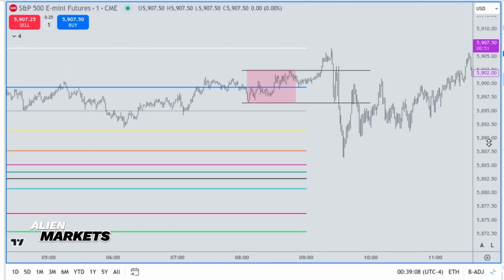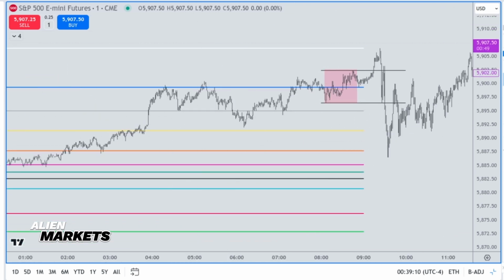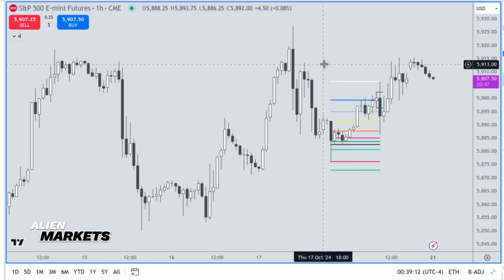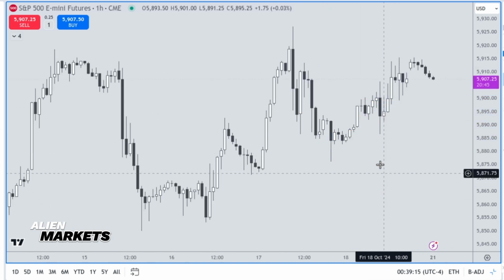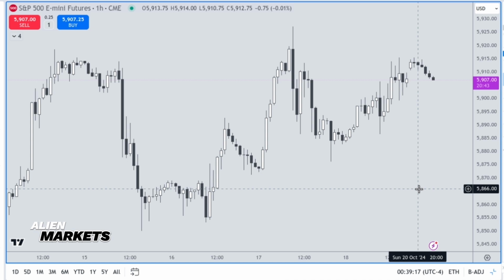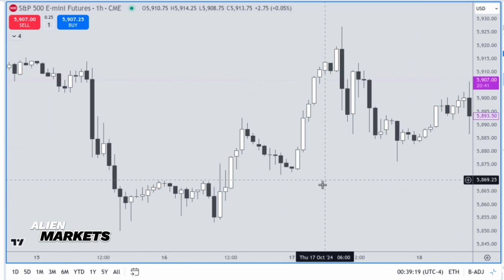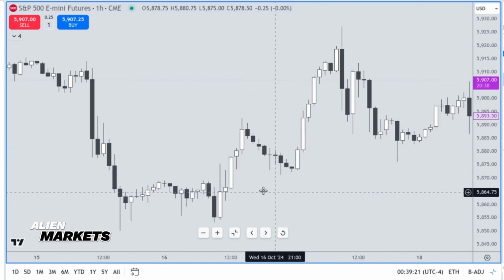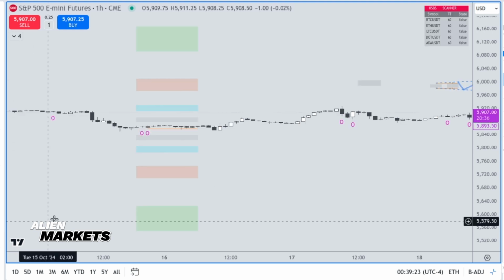So I will go on. Let's go back to 1 hour. As you have seen, this model works. Let's see, where do we have? Oh no, these levels.